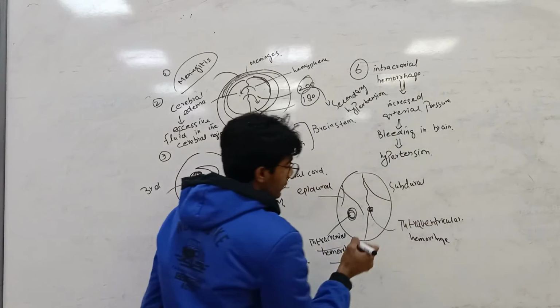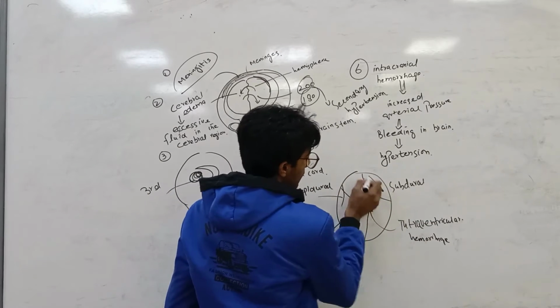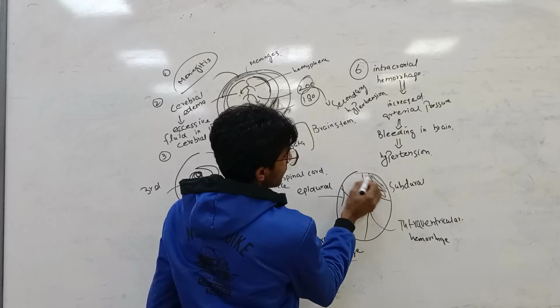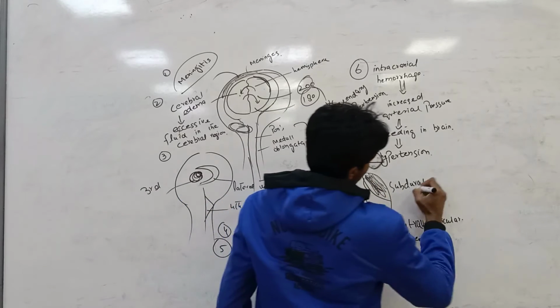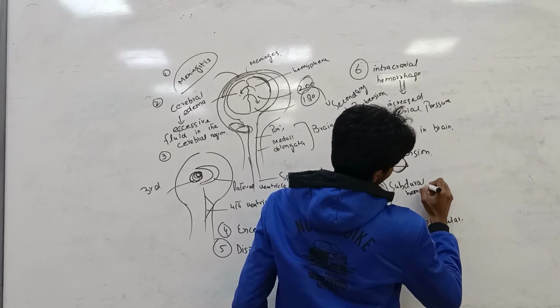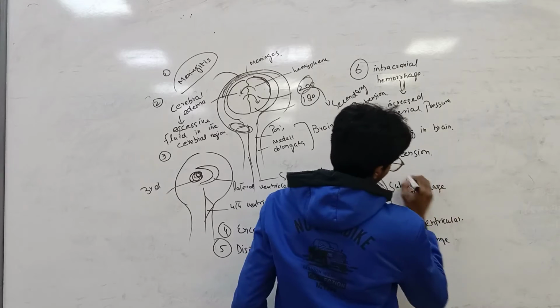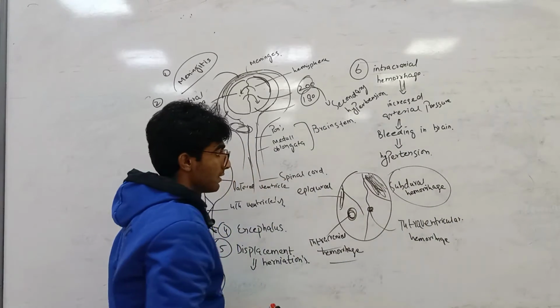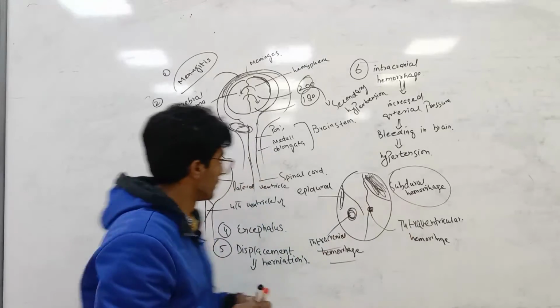One of the most dangerous hemorrhages in the brain is in this region of the brain. Here I'm showing you. The most dangerous hemorrhage in the brain is subdural hemorrhage.